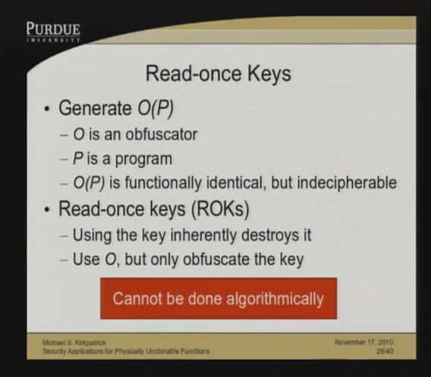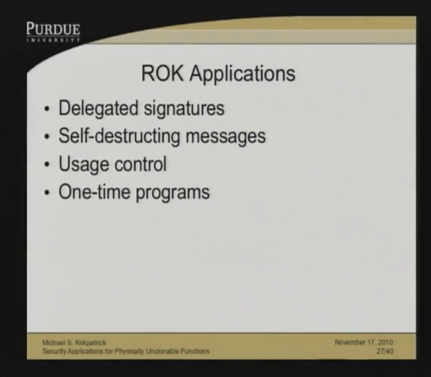That's basically the idea. We've been looking at how to do that with PUFs. But the idea is that you do have to have some sort of physical layer of trust. So some of the applications that you can use here, well, you could do delegated signatures.